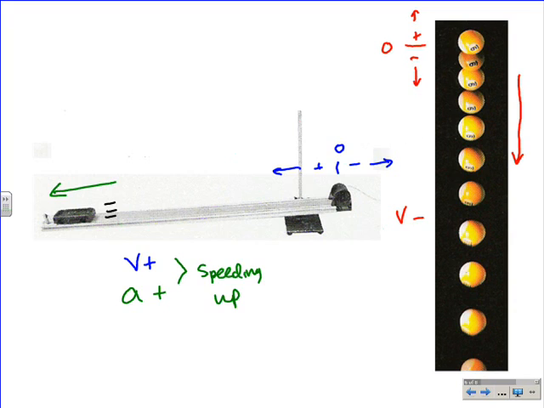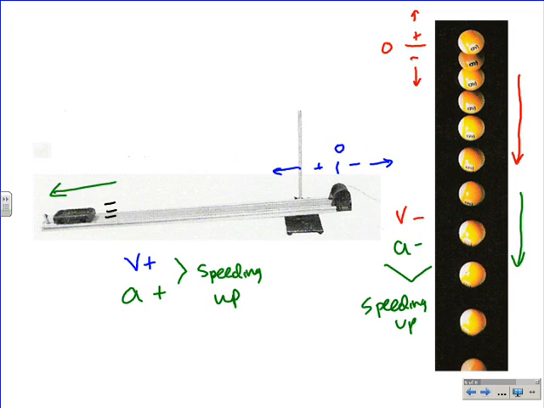Gravity is causing the acceleration. It's pulling the ball in this direction. That means that the acceleration is also negative. Negative velocity along with negative acceleration also means that the object is speeding up.